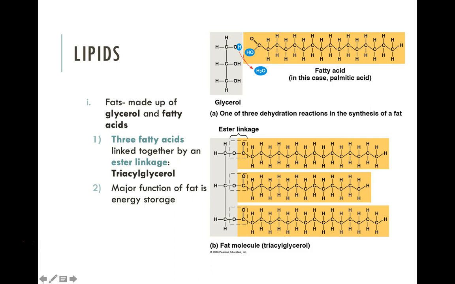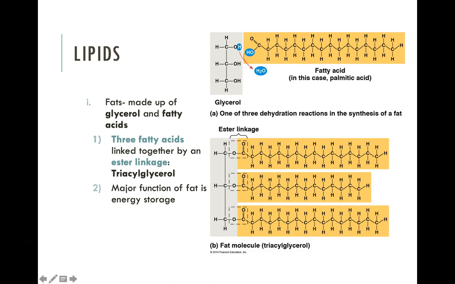So a fat is a glycerol attached to 3 fatty acid tails. So each of those fatty acid tails is attached by a dehydration reaction. Remember, we have the loss of water to add the one molecule to another. And that dehydration reaction produces an ester linkage. So the ester linkage is highlighted there. It is characterized by a carbon double bonded to an oxygen and then another oxygen linking it to the glycerol backbone there of that molecule.